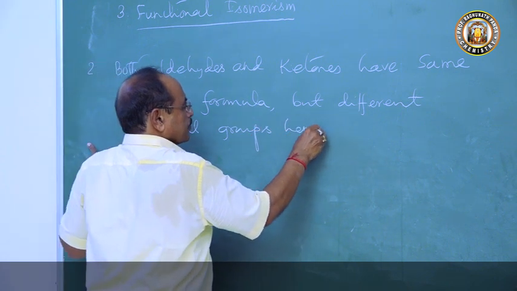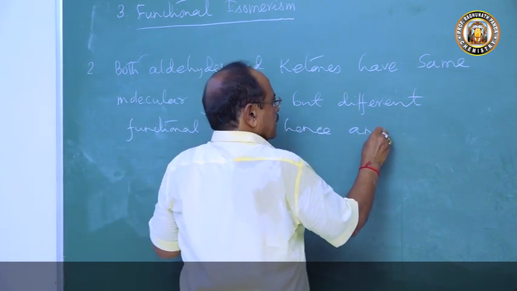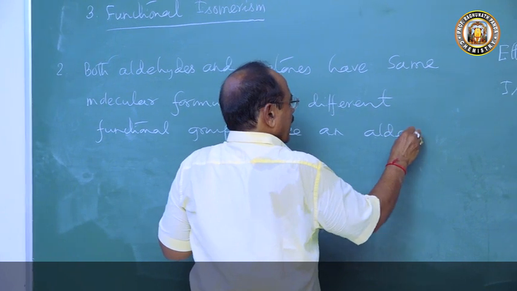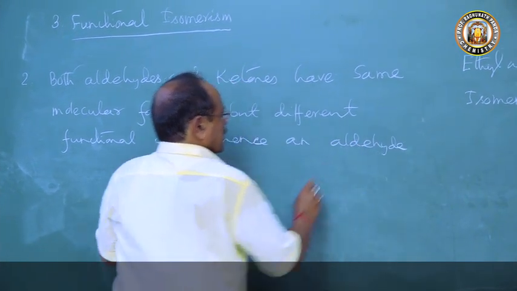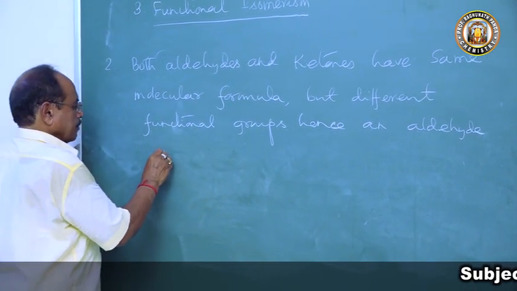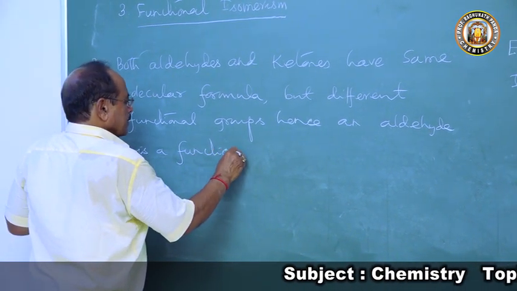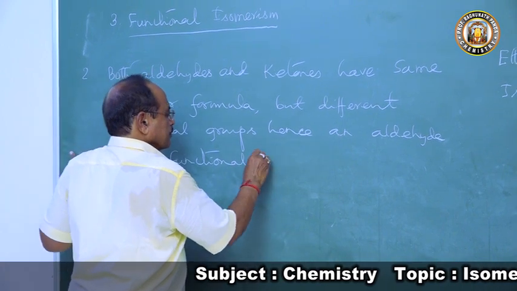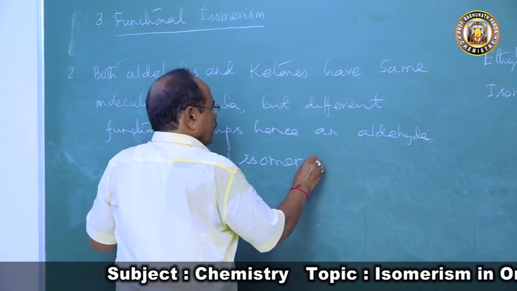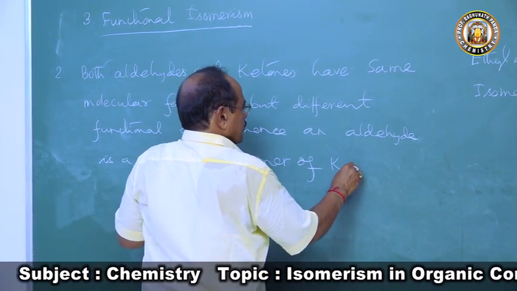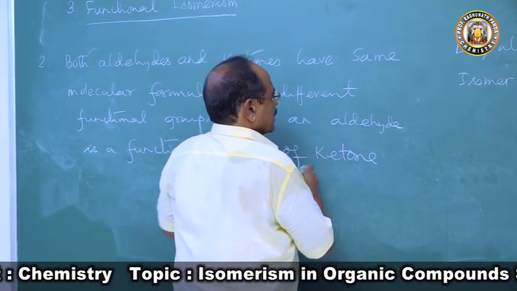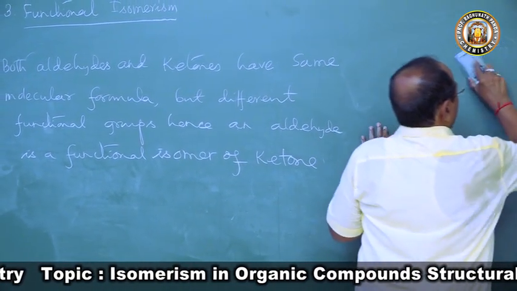Hence, an aldehyde is a functional isomer of ketone.